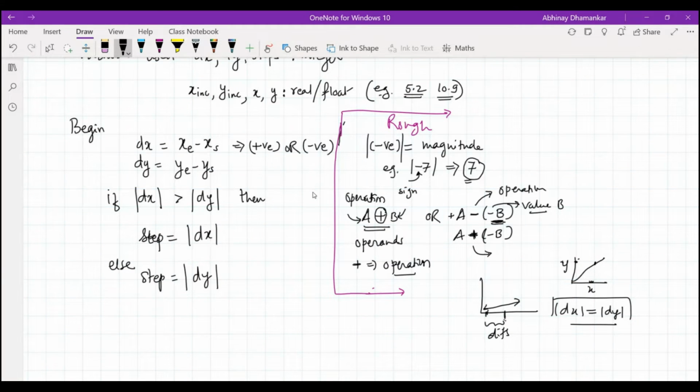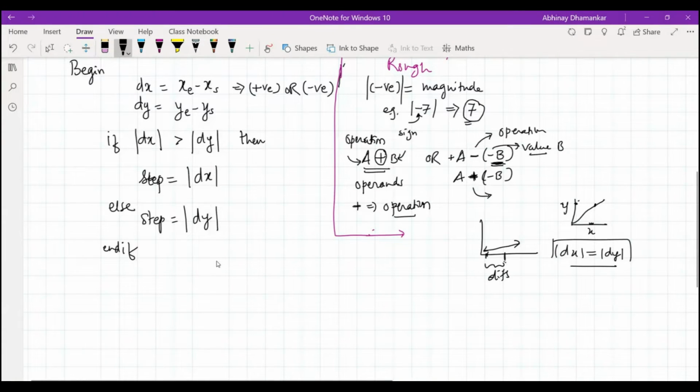Okay, step value will be dy. So for the time being we are considering this as an algorithm, and let's write it down here. And if statement. Okay, this is a very simple algorithm to be discussed.